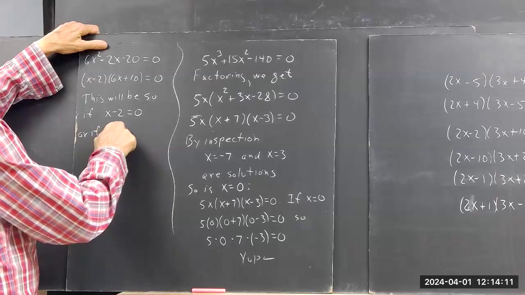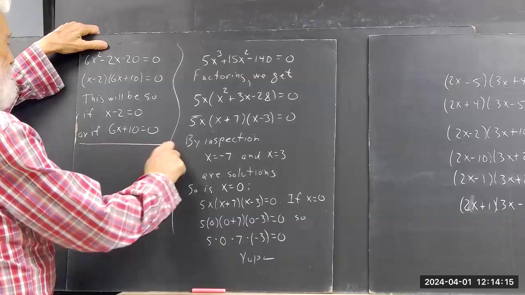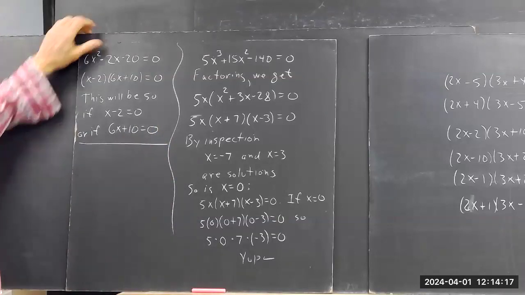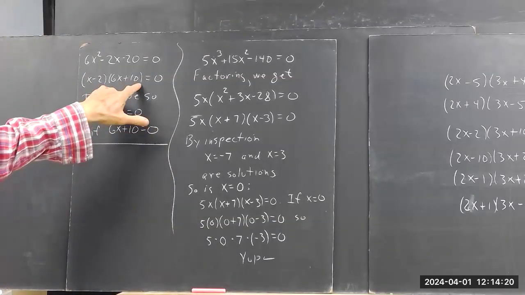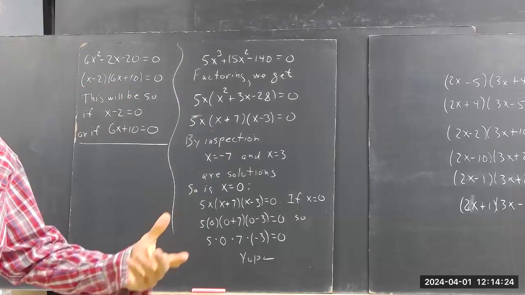Or if 6x plus 10 equals 0. Because again, if 6x plus 10 turns out to be 0, then the whole thing is going to have to be 0. Is that clear?